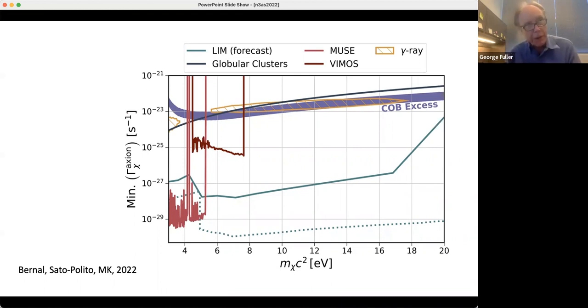And so the problem with these is that you're kind of caught between a rock and a hard place, in that to explain the Hubble tension, you have to go to later and later phase transitions, of order redshifts of a few hundred. But that means it's harder to redshift away the radiation.